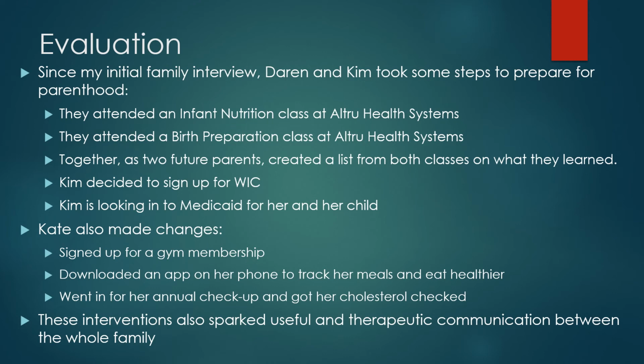She signed up for a gym membership as she's going to be needed in these kids' lives, and downloaded an app on her phone to track her meals and eat healthier. And she did go in for her annual checkup. These interventions sparked really useful and great conversations and communication between the whole family.